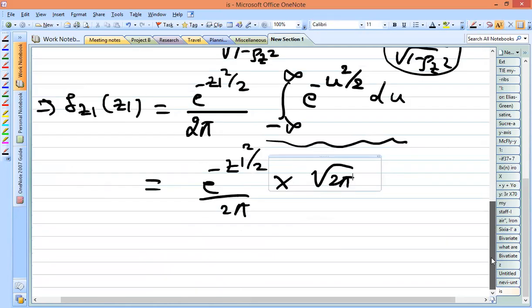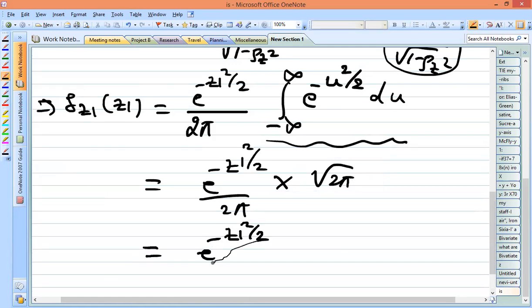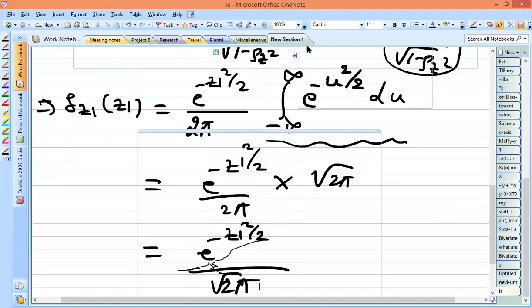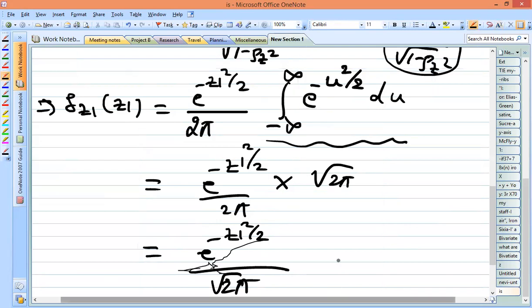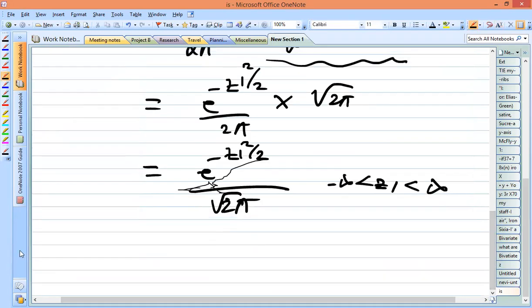This can be further extended as e to the power minus z1 square by 2 divided by root 2 pi, where the 2 pi is written as root 2 pi times root 2 pi, so root 2 pi gets cancelled. So we get the answer e to the power minus z1 square by 2 divided by root 2 pi. This value holds good for the variable z1, which takes values between minus infinity and plus infinity. Similarly, you can derive the equation for the marginal PDF fz of z2.